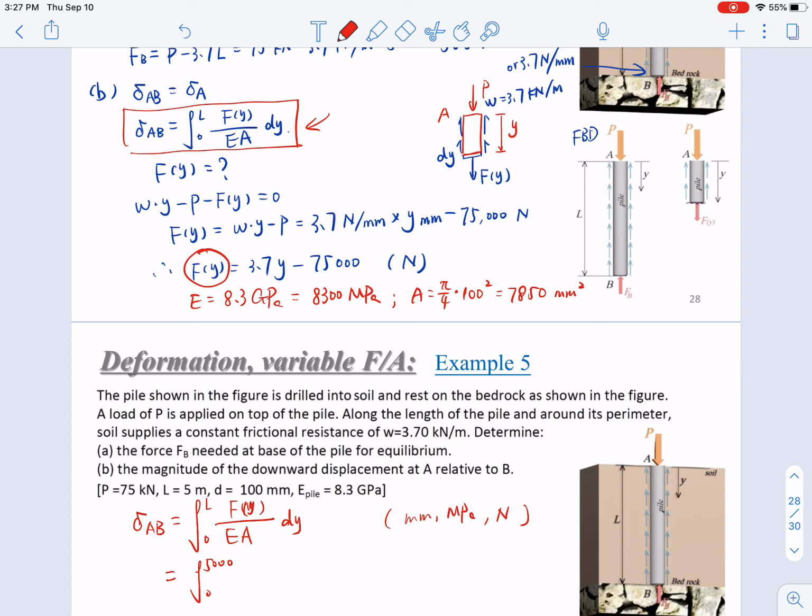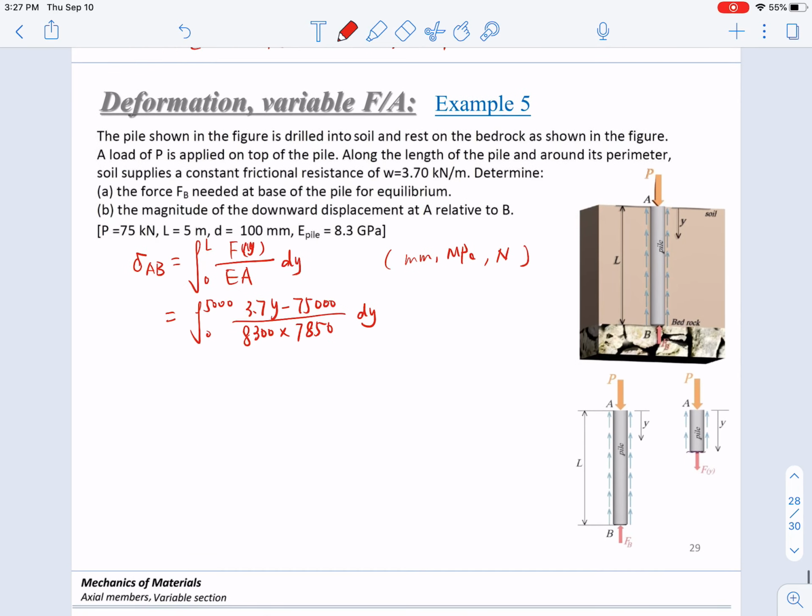Fy there is 3.7 y minus 75,000 over 8,300 times 7,850 dy.